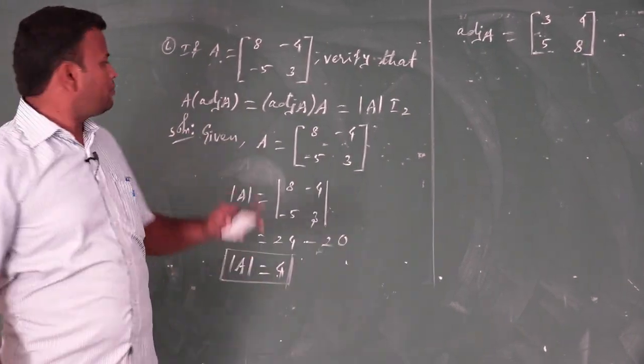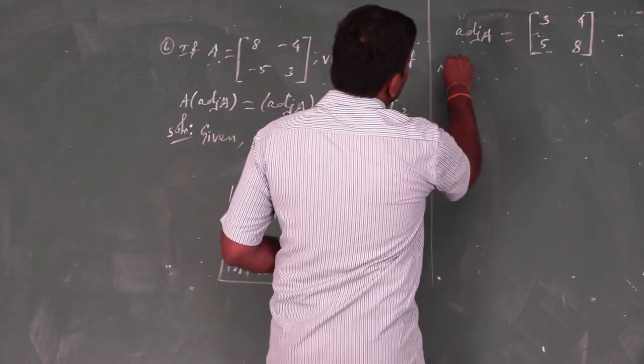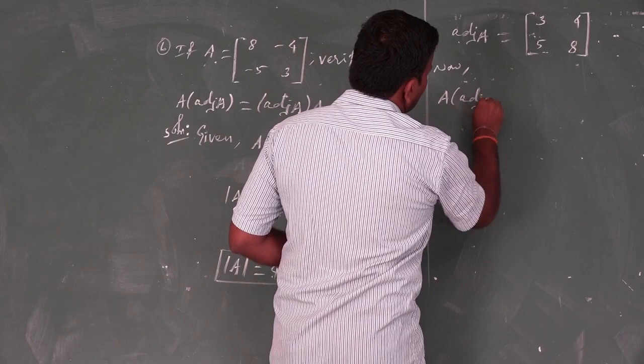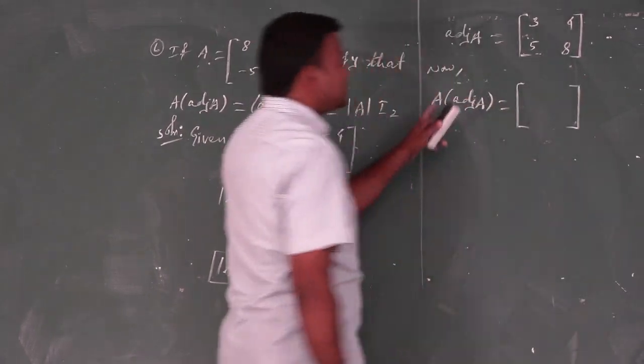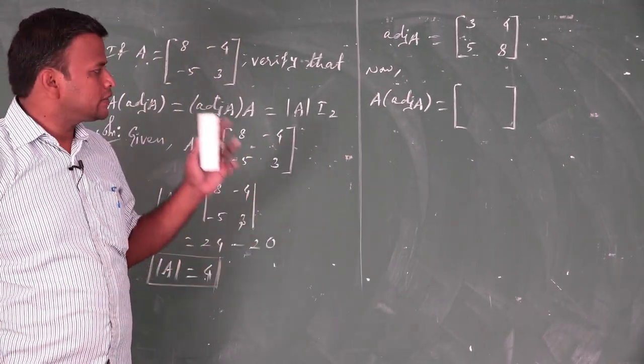Next, we multiply these two matrices, A into adjoint A. A is the given matrix. Now we multiply these two matrices. The first matrix is A, the given matrix.